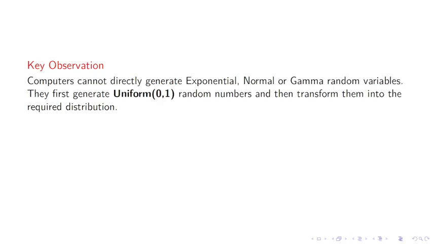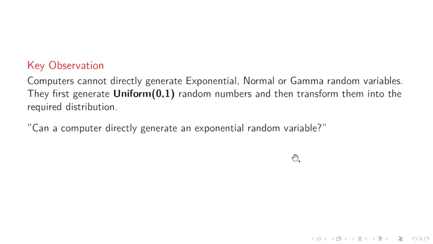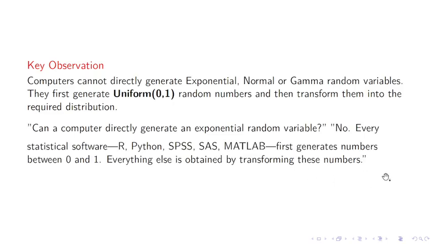Computers cannot directly generate exponential, normal, or gamma random variables. It first generates uniform random numbers between 0 and 1, and then transforms them into the required distribution. The first task is to generate a uniform random number. Can a computer directly generate an exponential random variable?